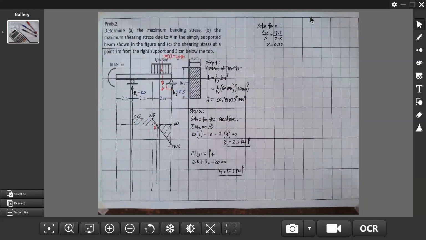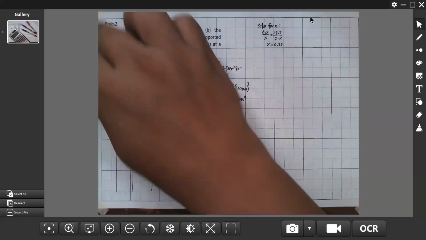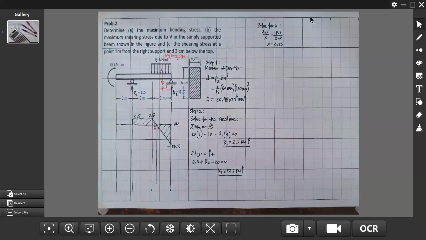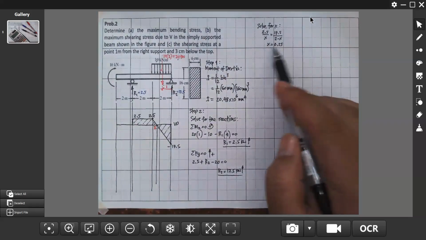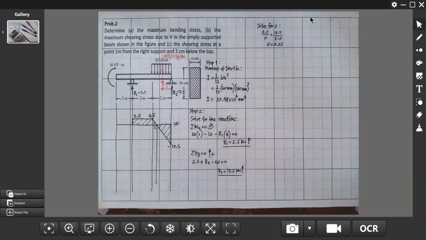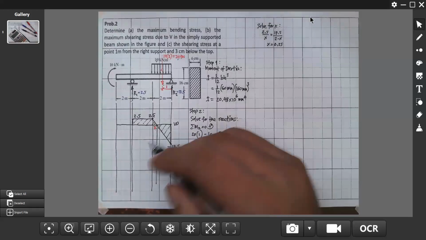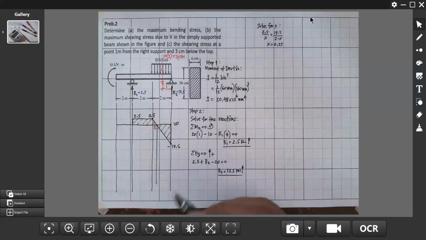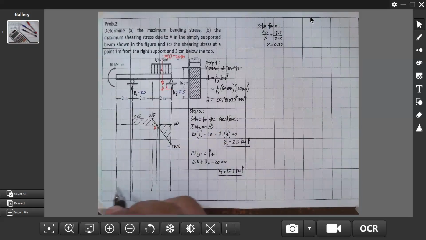So it's an easier shortcut, instead of ratio and proportion. So x is 0.25, and we can now draw the moment diagram.